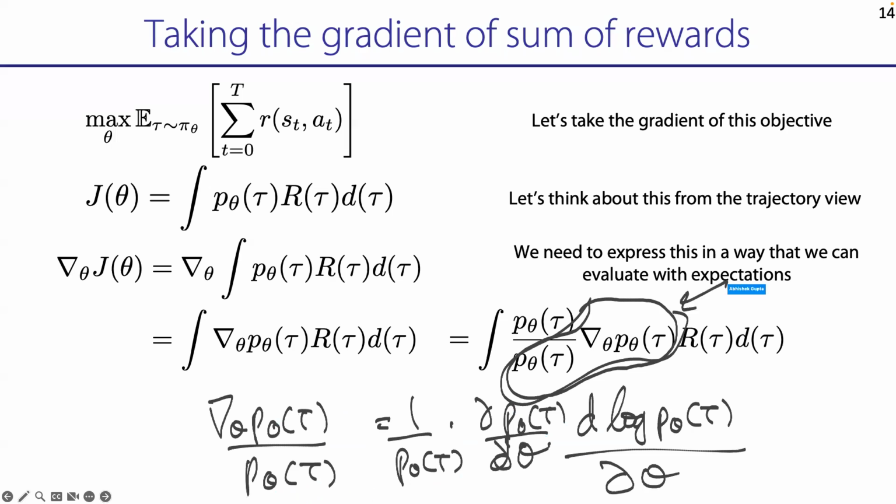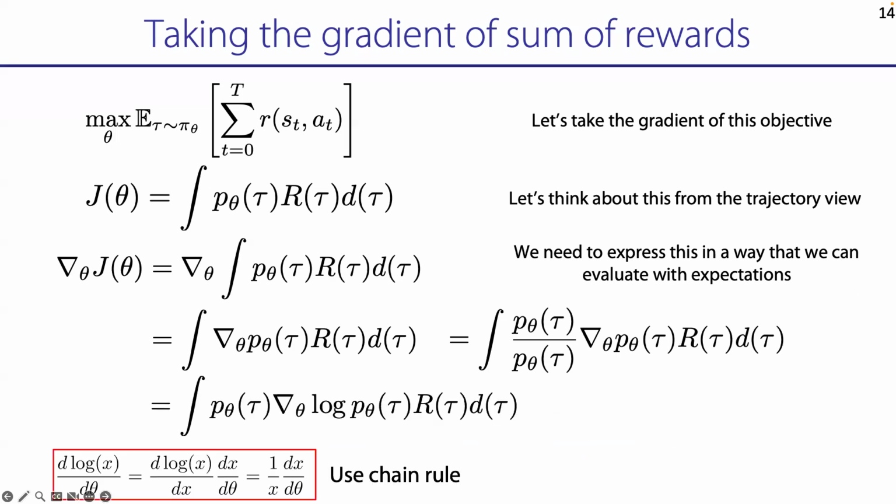So this expression here, you can write as grad theta log p theta tau. Okay, so we are going to do a little more simplification. Just by using the chain rule for log, this expression now simplifies to the integral of p theta tau, grad theta log p theta tau, r tau, d tau, right?